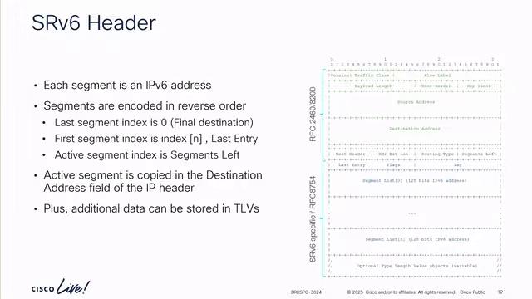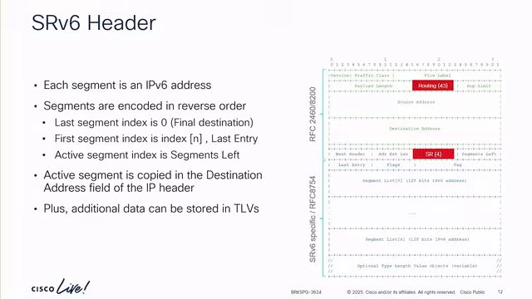So how does it look when we fill in the fields? The next header is just a routing header, so number 43. We are used to that. But now, in the routing type field, we have 4, and that's the newer routing type for segment routing. And then we know that what comes behind it is the SRH.